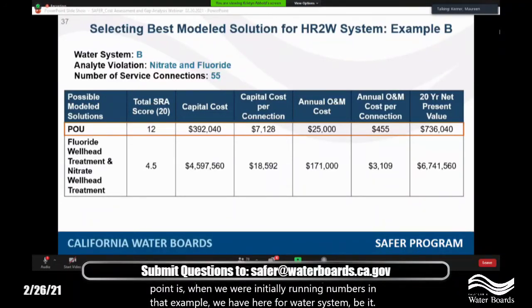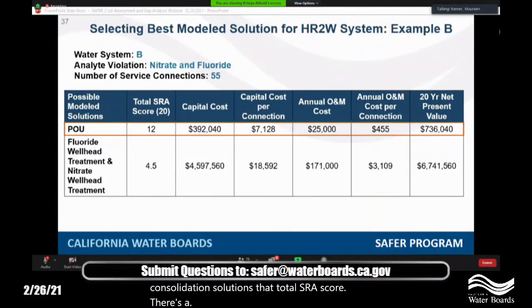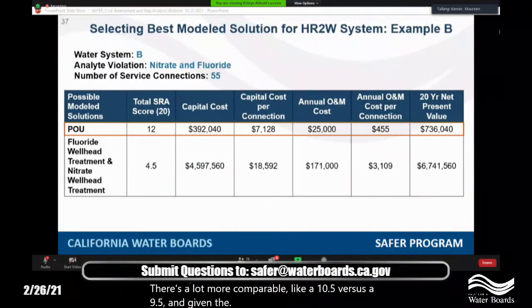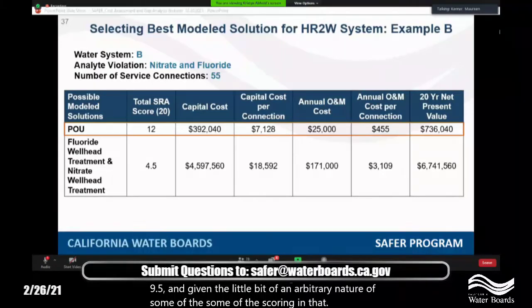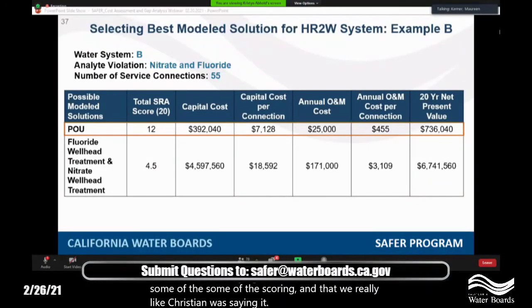Typically for non-physical consolidation solutions, the total SRA score was a lot more comparable, like a 10.5 versus a 9.5. Given the somewhat arbitrary nature of some of the scoring, like Kristen was saying, it goes to affordability for a community.